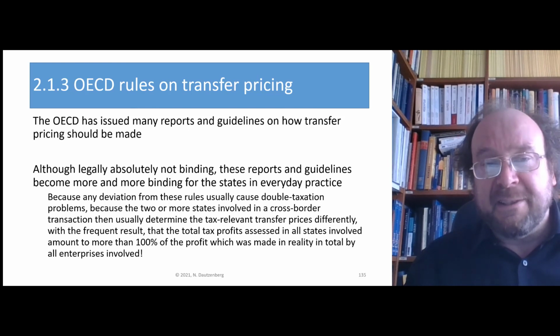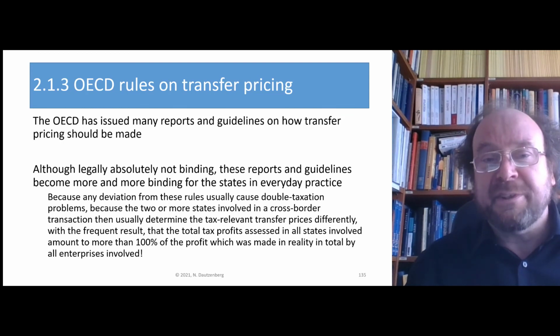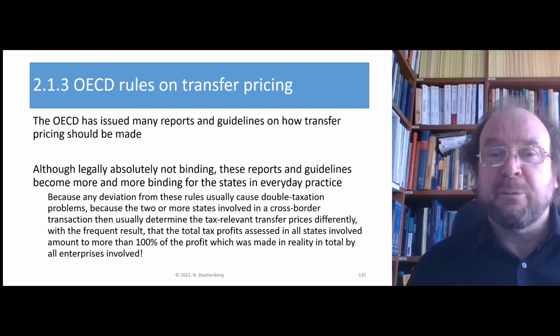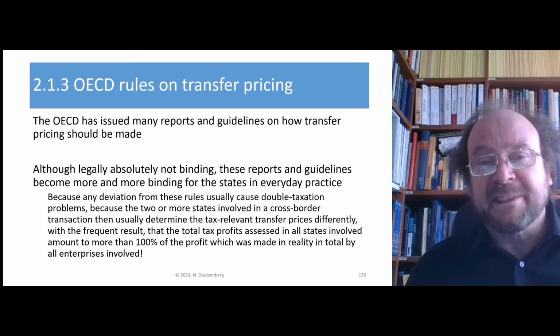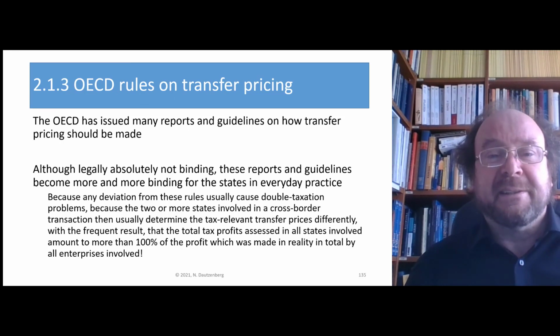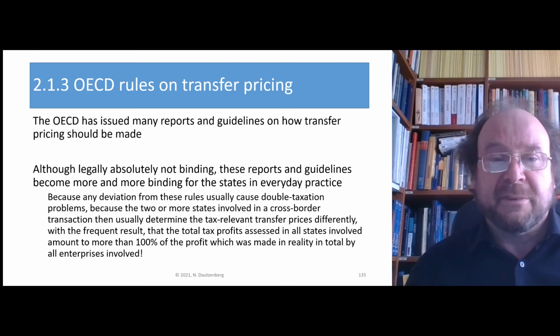Otherwise, everybody ends up somewhere else, and that is probably the reason why we have got during the last decades more and more comprehensive rules on the OECD level, so that all the important fiscal administrations of the world agreed on the same or similar details how to determine the transfer price in certain specific circumstances.